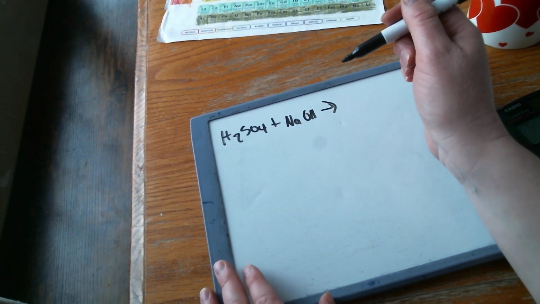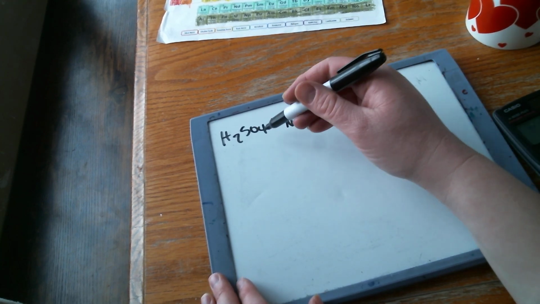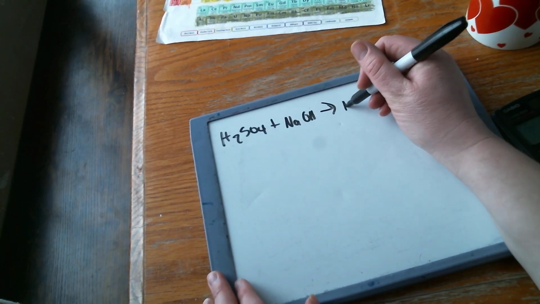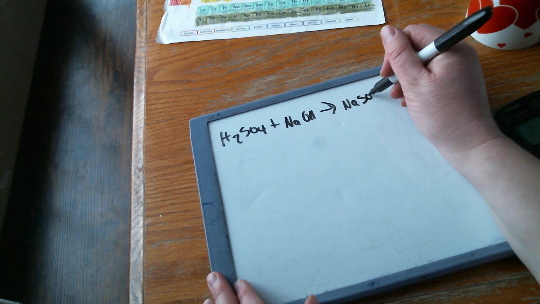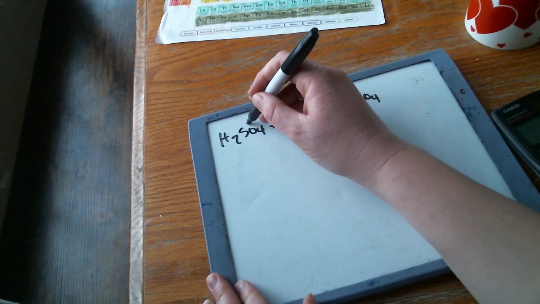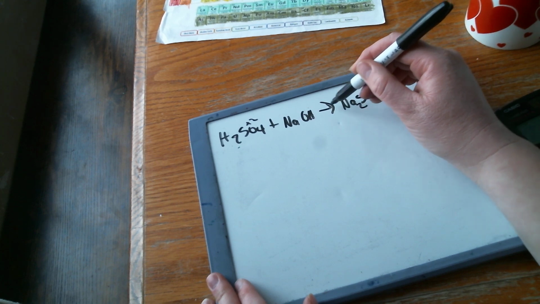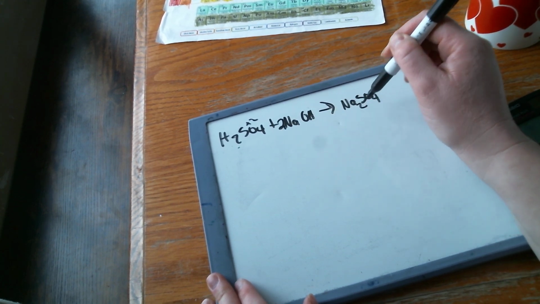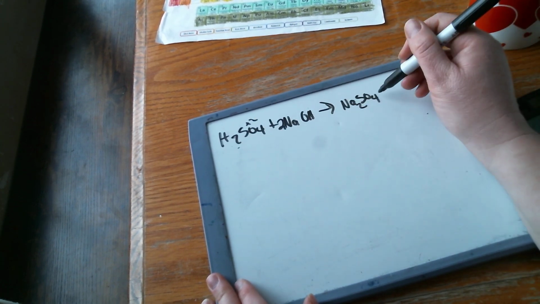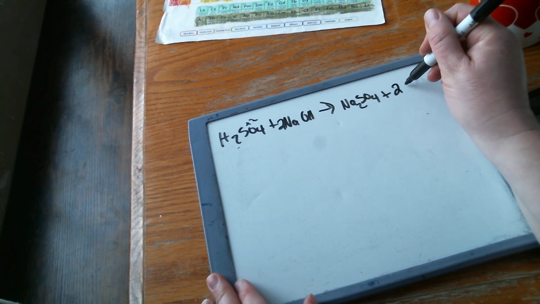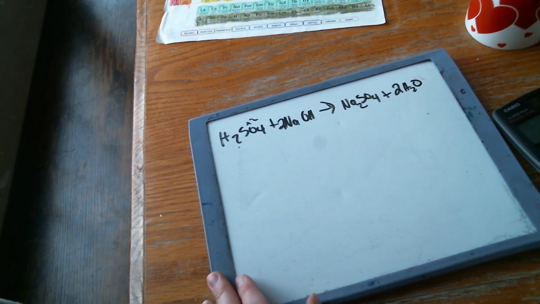How many grams of sodium sulfate? So obviously sodium sulfate is going to be produced. Na2SO4. Now we know this is a plus 2 because this is a 2 and that's a plus 1. So they're going to have 2 here, 2 here to make sure we have 2 over there. And that should just lead to H2O. Perfect. So there's our balanced chemical equation.